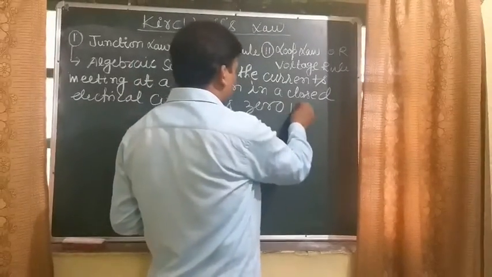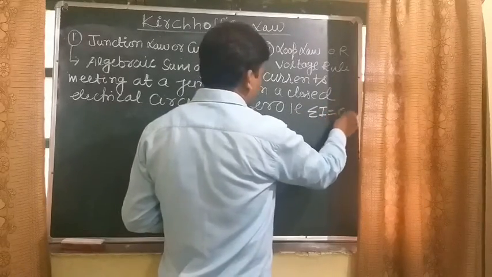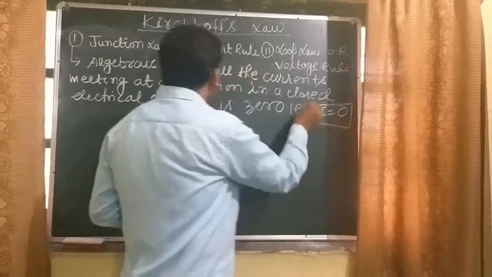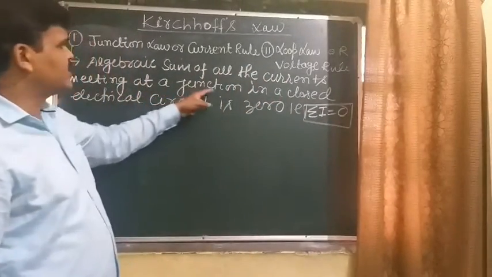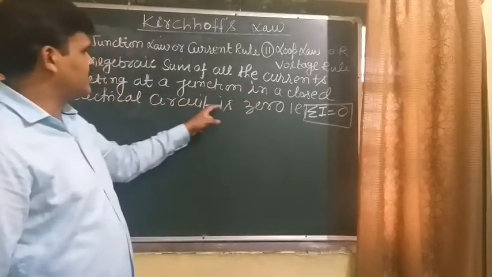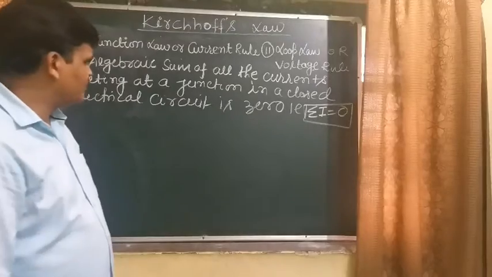That is sigma I equal to 0. Algebraic sum of all the currents meeting at a junction in a closed electrical circuit is 0. That is sigma I equal to 0.